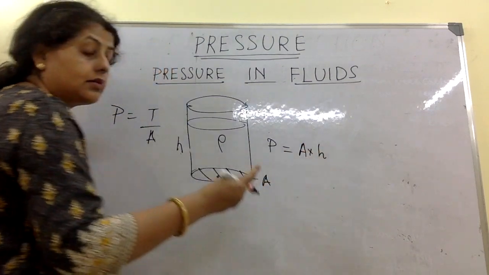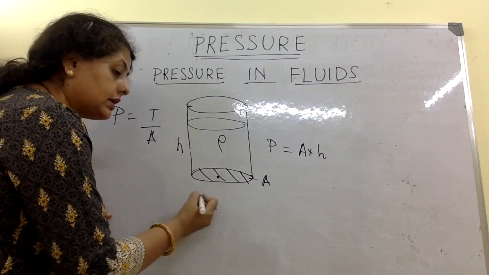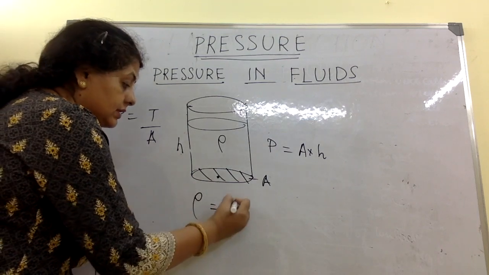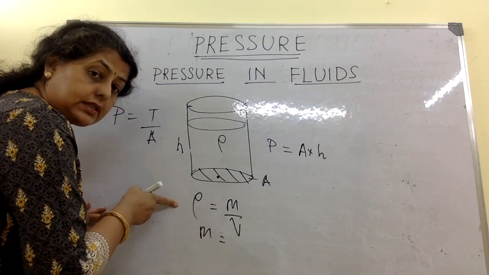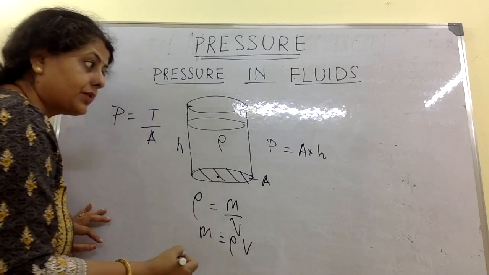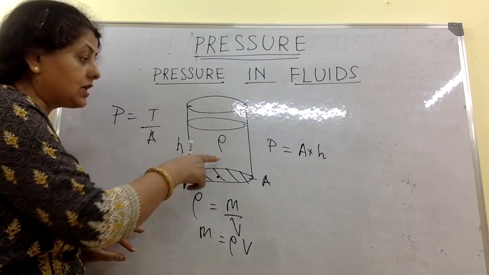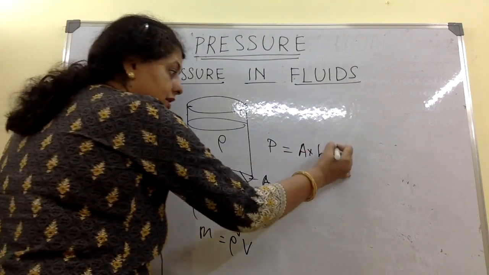Why am I writing volume here? We have to understand that density is mass per unit volume. This is an old formula. Density is mass per unit volume, so mass is density into volume. Here I am trying to get the mass of this liquid, so this is volume into density.